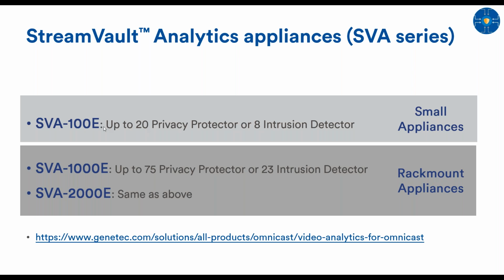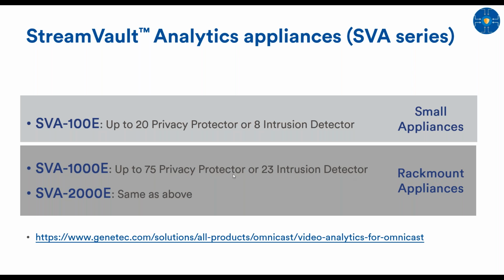As we can see here, the SV100 can do up to 20 privacy protector or 8 intrusion detector. The intrusion meaning object left behind, perimeter detection, or any kind of intrusion detector that we have in our system. The SV1000E can do 75 privacy protector and 23 intrusion detector.